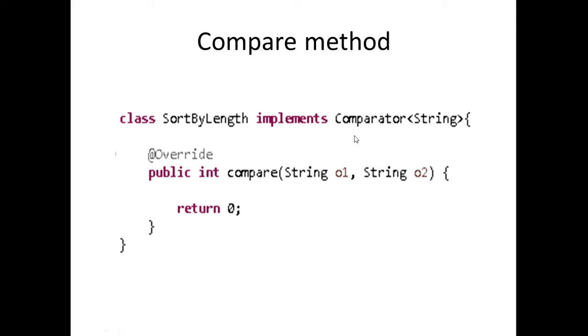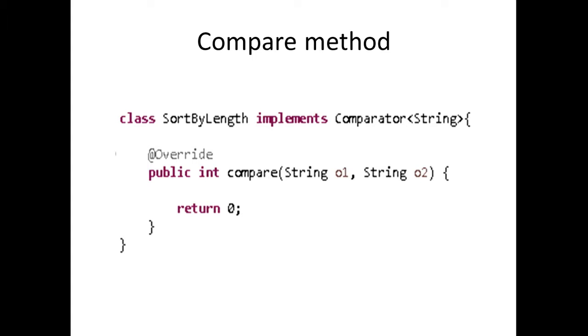All right, so as I said before, whenever you're implementing the comparator interface, you have to implement a method called compare. Okay, and this method, as you can see, is going to return an int, and this int is basically used to sort the elements in the list that you're going to be applying this comparator logic to.